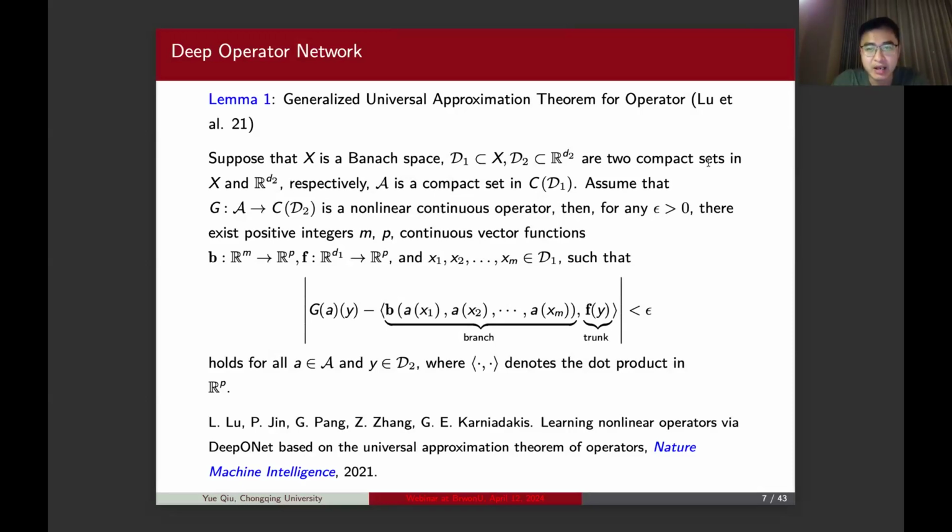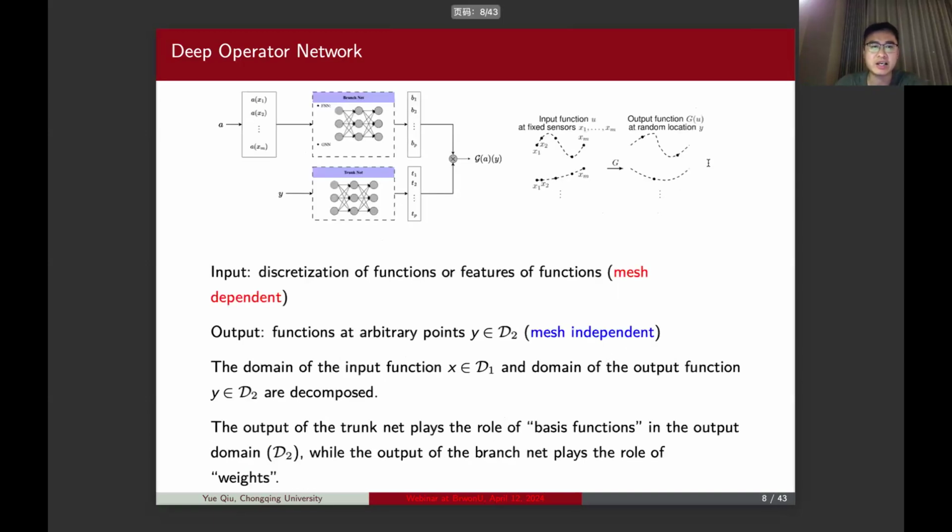I suppose that the audience is pretty familiar with DeepONet, so I will introduce it briefly. DeepONet is a very general framework with a good structure that decomposes a network into two parts that can easily approximate any nonlinear continuous operator. This is achieved by designing a branch net and a trunk net.